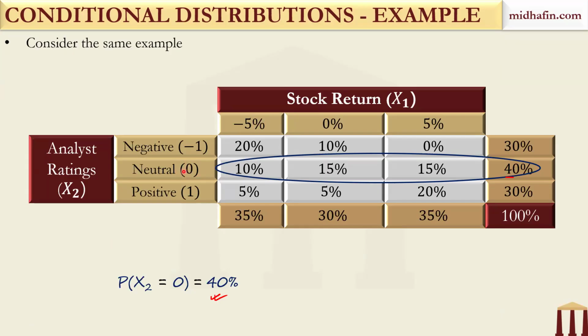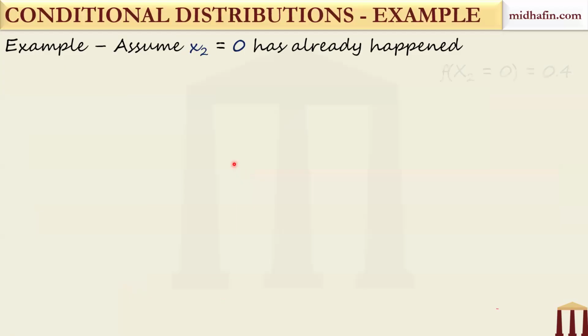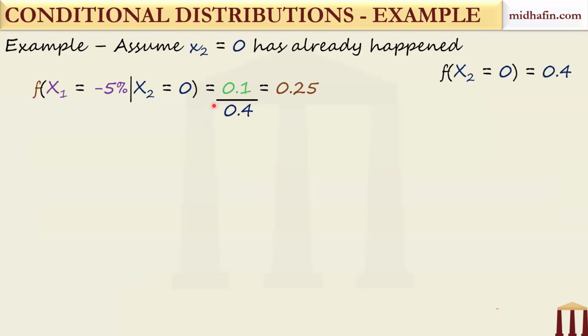The denominator we have already found out is 40%. The numerator will be the joint probability of 10%, the intersection of x1 being equal to negative 5 and x2 being equal to 0. So intersection, or joint, divided by marginal: 0.1, or 10%, divided by 40%, which is 25%.